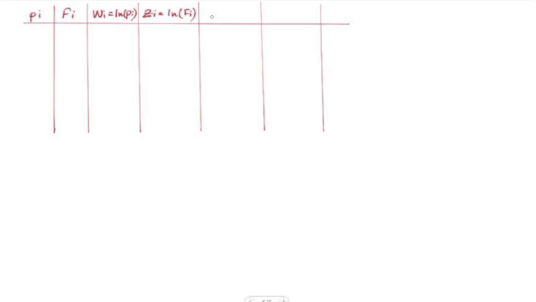Then we multiply wi by zi, and take each wi and square it.